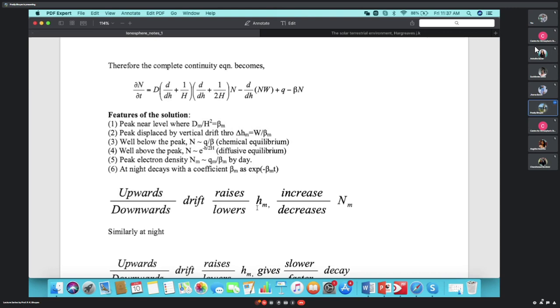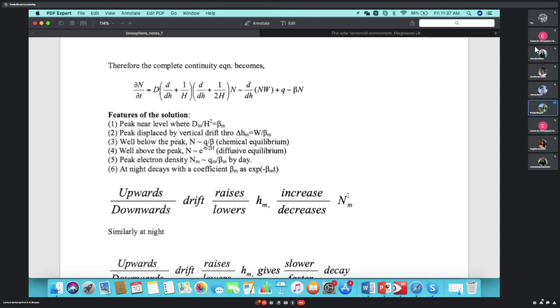If the drift raises Hm, height of the maximum, say the maximum height right now over Dibrugarh is 300 kilometer. Hm, maximum height of the F2 peak is 300 kilometer at this point of time. So if it is raised upward, if it is pushed upward, then Nm increases.